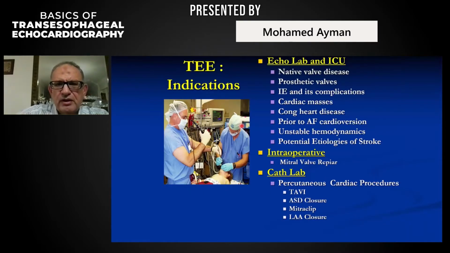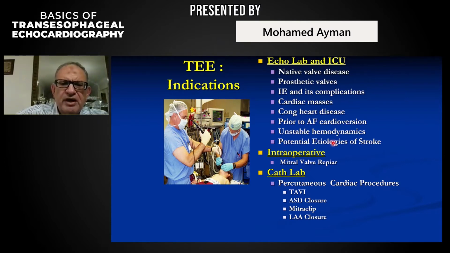In the cardiology departments and the ICU, it helps you to check native valve diseases, prosthetic valves, infective endocarditis and its complications, cardiac masses, some congenital heart diseases, prior to AF cardioversion, patients with unstable hemodynamics, particularly after open heart surgery, and to look for potential etiologies of stroke.